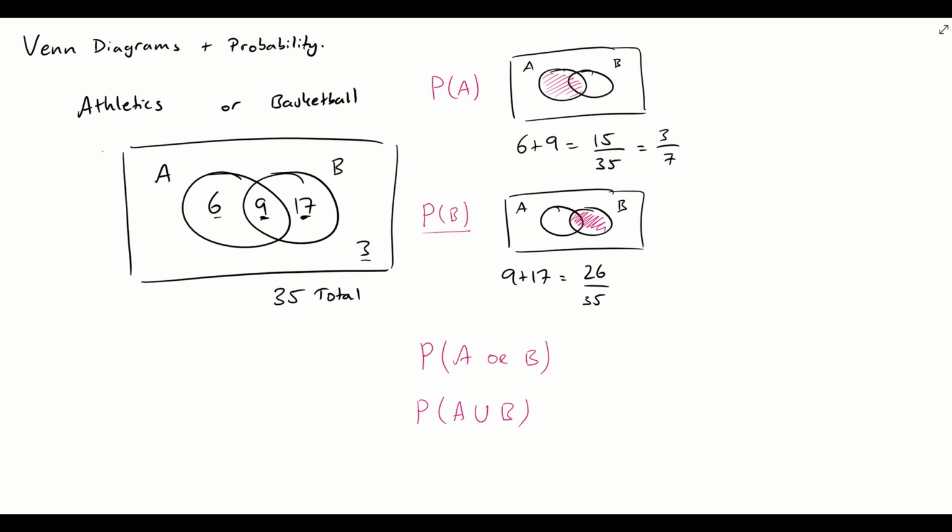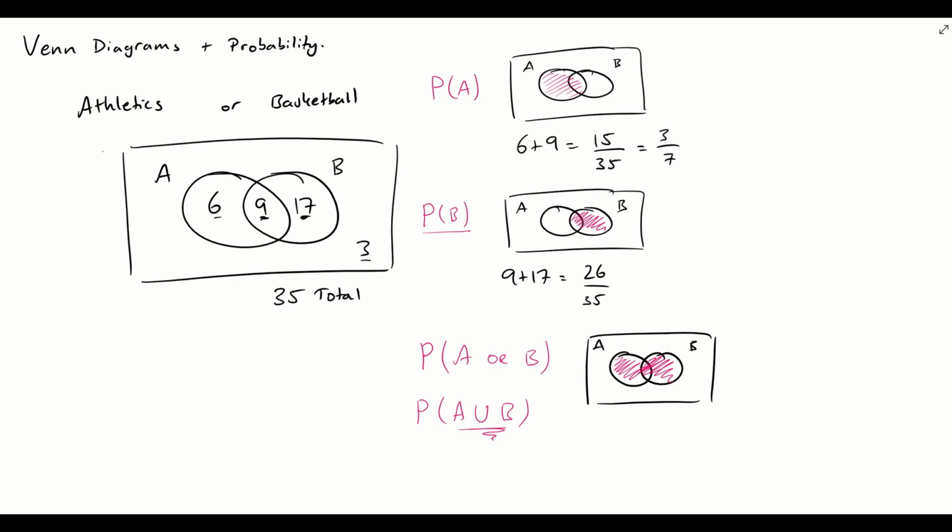They like either basketball or athletics or both. We've just got to make sure that we get them liking at least one. So when we talk about the union, we are looking at anything that is inside of athletics or basketball, whether they like both, whether they just like one, as long as they like at least something, we're all good. So we're looking at the probability of A union B here.